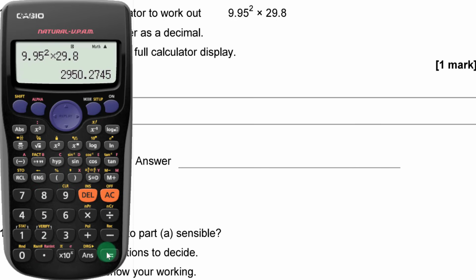Write down your full calculator display. So 2950.2745. Okay, that's what I got.